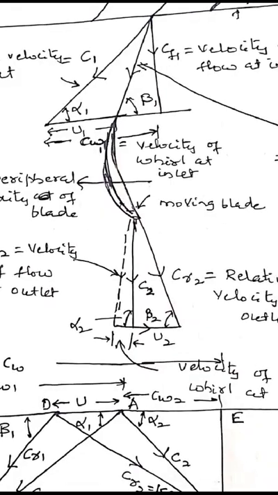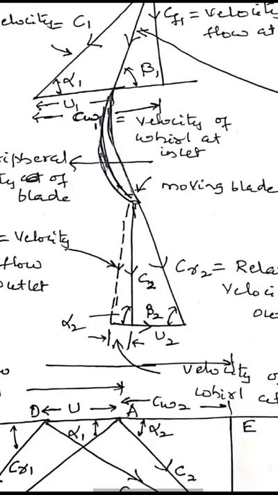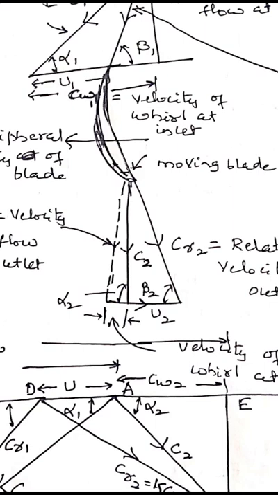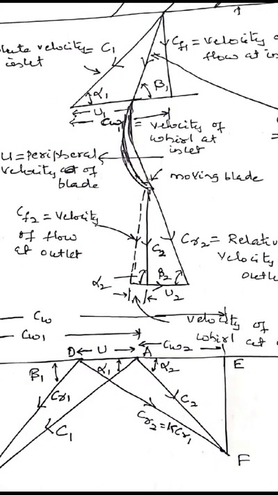Now, if the blades are not smooth and some kinetic energy is lost due to friction between the steam and the blade, that is taken into account by a factor known as the blade velocity coefficient. Blade velocity coefficient K equals CR2 divided by CR1. If the blades are not smooth, then CR2 will be equal to K into CR1.